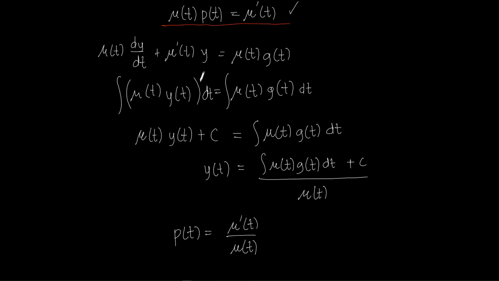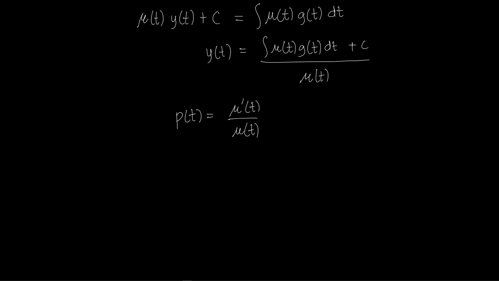Just the quotient rule, sir. The derivative of ln x is 1 over x, or dx over x. This is just ln of the derivative.